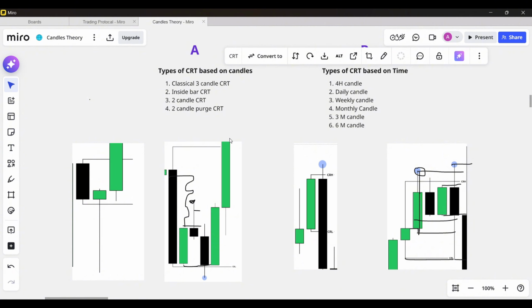Why? Because in a weekly candle, if it was bearish, the sellers put their SL or break even at the previous high of the weekly candle, so the market has a tendency to take that previous week high.